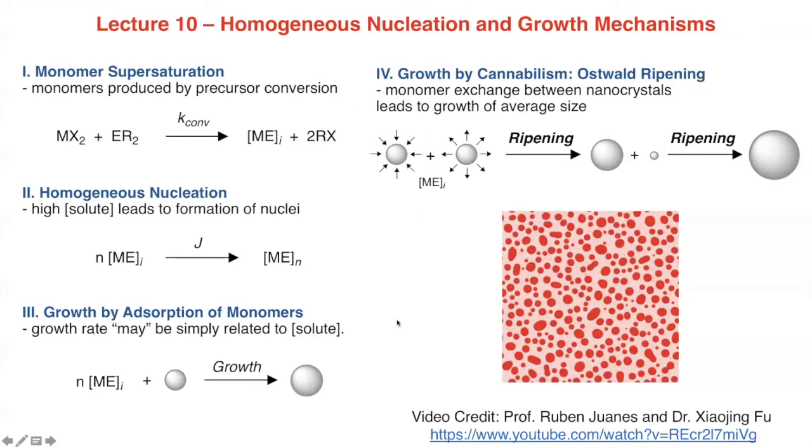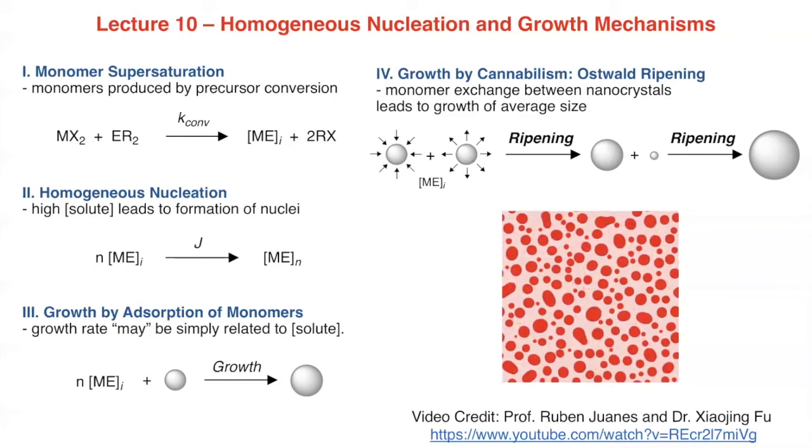Generally speaking, in a nanocrystal synthesis, the dominant mechanisms that you hear about are precursor conversion, where reagents added to the synthesis have to undergo some kind of a chemical reaction to produce the solute that then is in equilibrium with crystals.